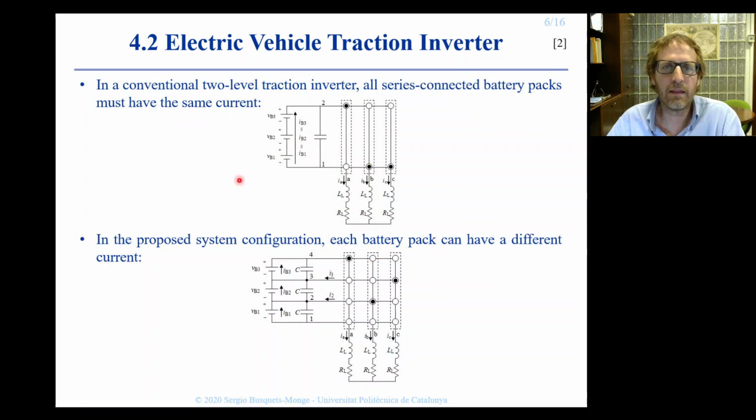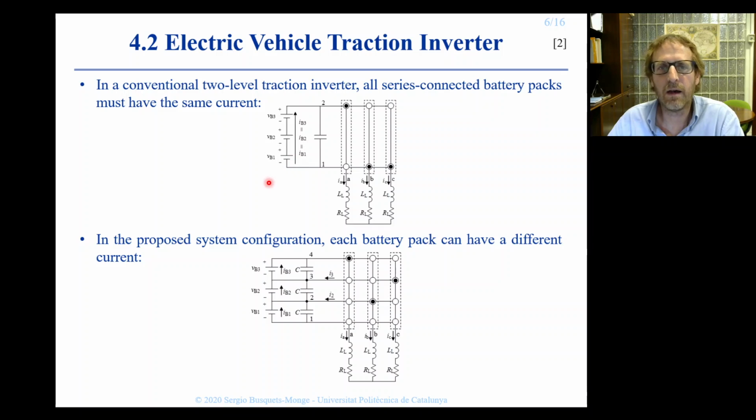To illustrate the advantage of this system, we show here first what happens in a two-level inverter. In a two-level inverter, the current flowing through the three battery packs will always be the same. This is okay if the three battery packs are the same and they have the same state of charge.